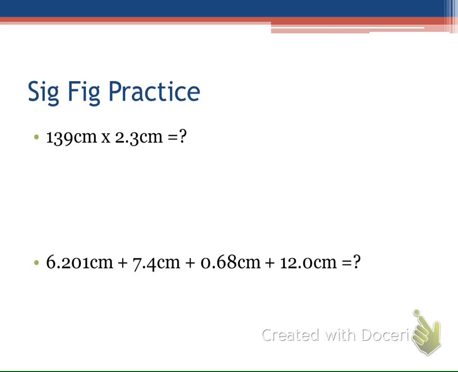Yeah, Trevor, what'd you have? 319.7. Okay, and someone tell me how many significant figures that value should have. Emily said 2. Why should we only have 2 significant figures in our answer? Emily, what do you think? Exactly. 2.3, one of our initial values, only has 2 significant figures.